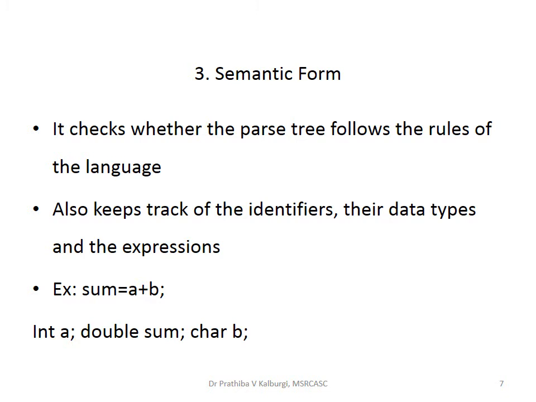So during the semantic phase, it breaks the rules and there is a mismatch between the two data types, as we cannot add a character type along with an integer type. So the semantic phase is going to check for the exact match, and then it verifies the expressions semantically.